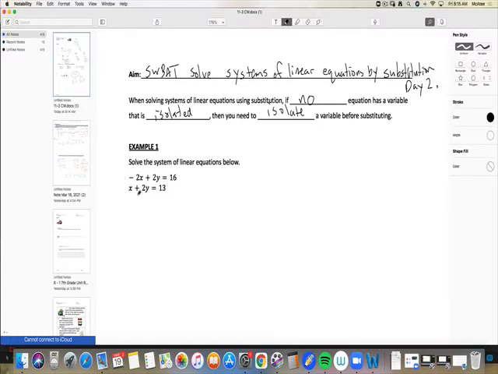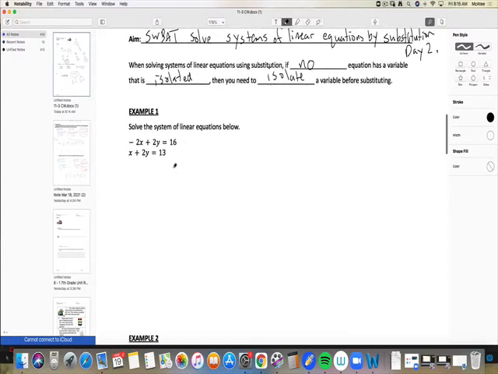You'll notice both of these do not have any variables by themselves. Our goal, if we want to use substitution, is to move something over so you just have one variable by itself. This top one, I could potentially divide everything by 2 and then move the variable so y is by itself, but there's a simpler way for the second equation. If I just move the 2y over, I will get x by itself.